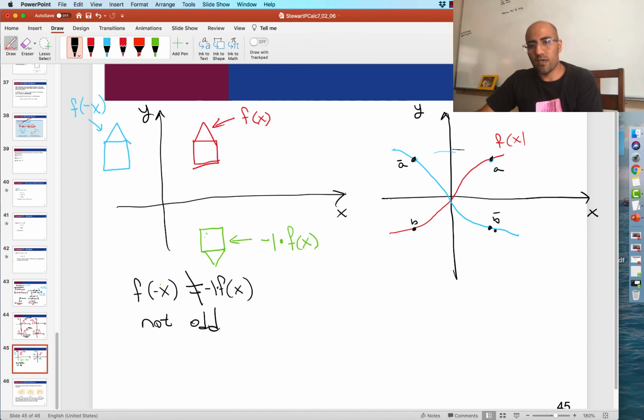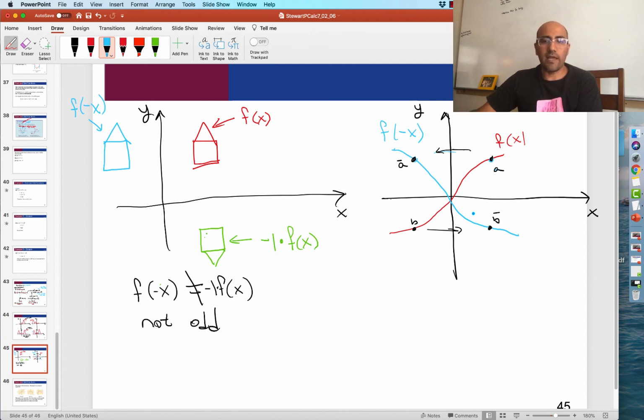Okay, and so this would be the reflection across the y-axis, a rotation. This would be f of negative x. Good, a reflection about the y-axis. Okay, clearly f of negative x does not equal f of x.